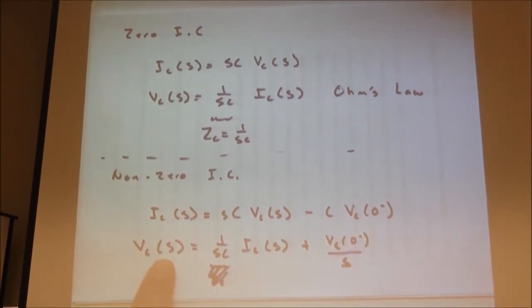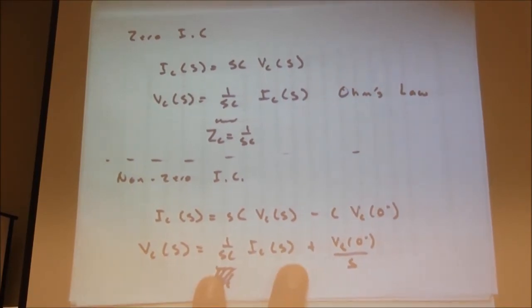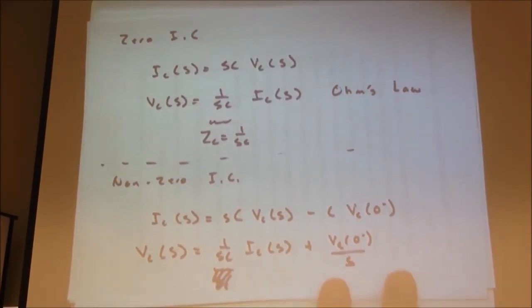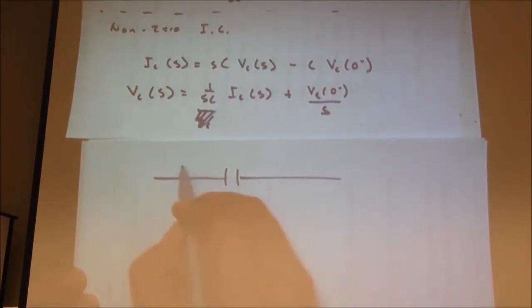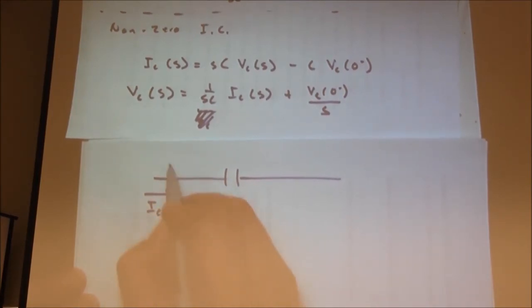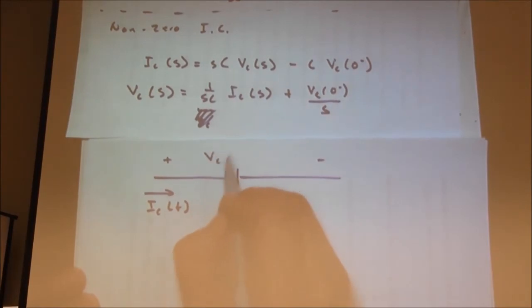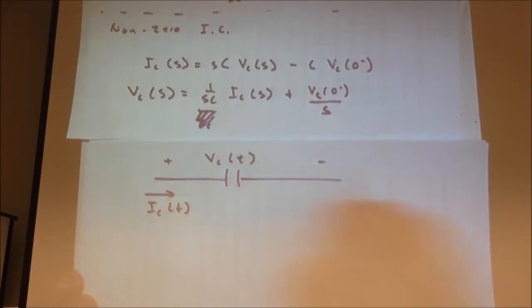Well, this is the voltage across the capacitor, right? This is still an Ohm's law expression, and this is an initial condition. So in the S domain, what do we wind up looking at? Well, again, here's our time domain form: I write this as IC of t plus minus EC of t.